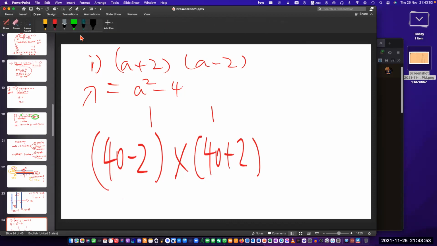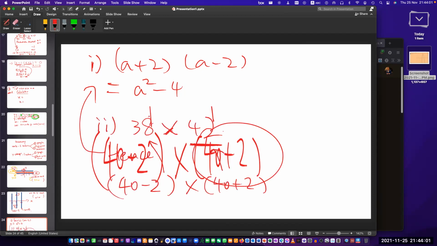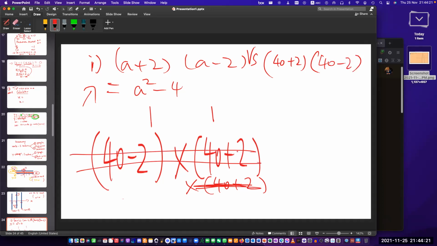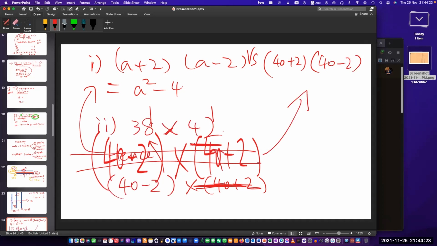So instead of minus 2, you have the plus 2 at the back, so I bring it forward. I just need to do 40 plus 2 in front. So for this term, I put it in front. This is versus. And then this 40 minus 2, I put it at the back. So I have already transferred this thing to here already.